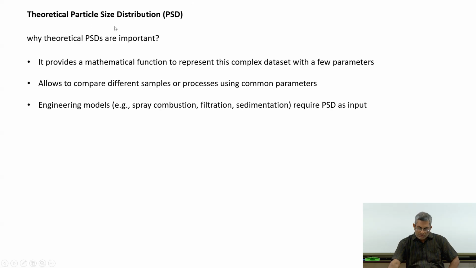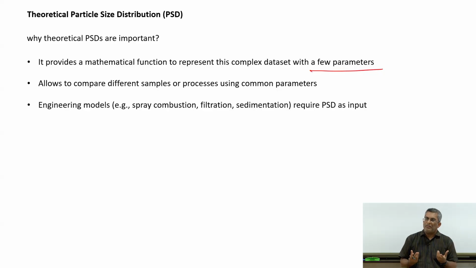The theoretical size distribution basically refers to a mathematical function which represents this complex data set with the help of a few parameters. So now let's say I want to compare the particle size distribution in two cases, say two injectors. How do I mathematically compare? I can compare some characteristic size.